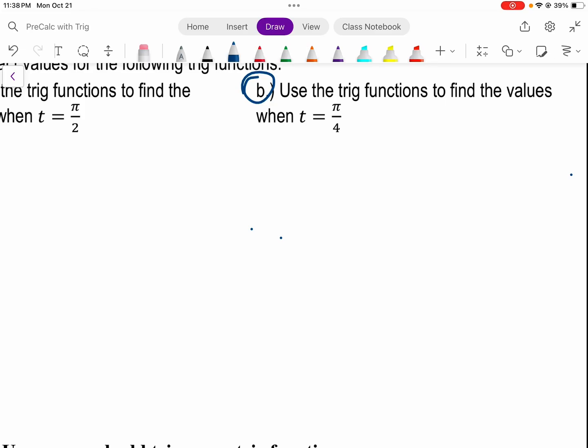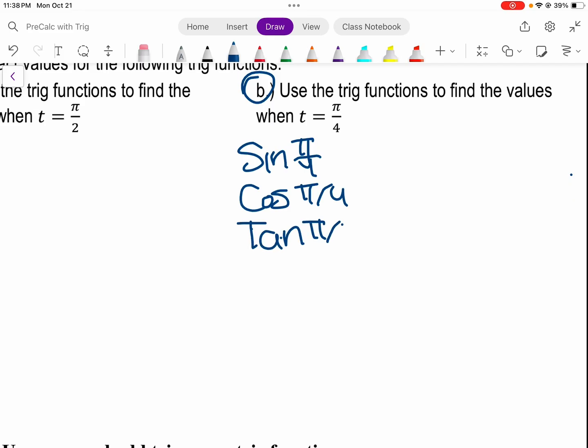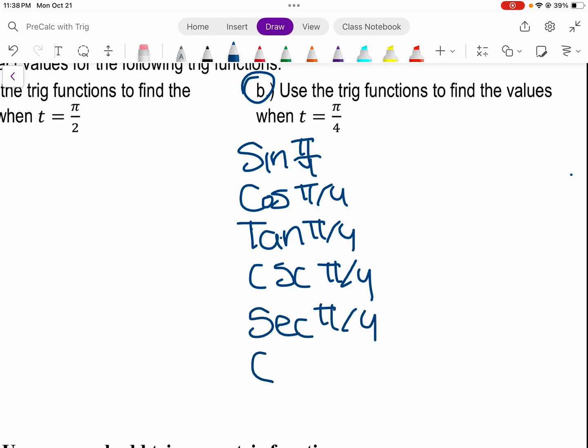So what it's asking is, I want to know what sine of pi over 4 is, cosine of pi over 4, tangent of pi over 4, and then I want to do the reciprocals: cosecant of pi over 4, secant of pi over 4, and then cotangent of pi over 4. So that's what I want to know.